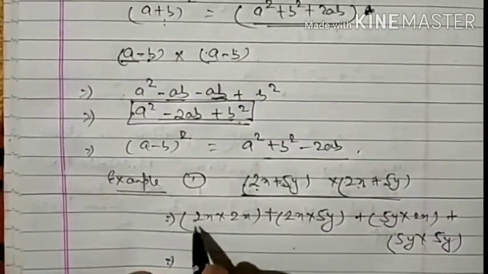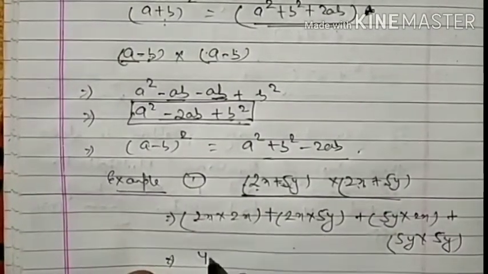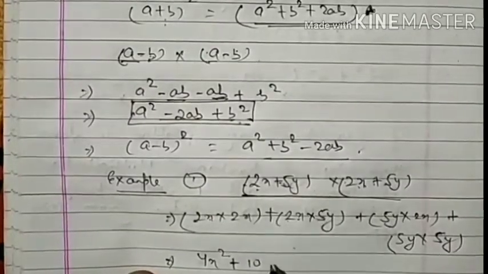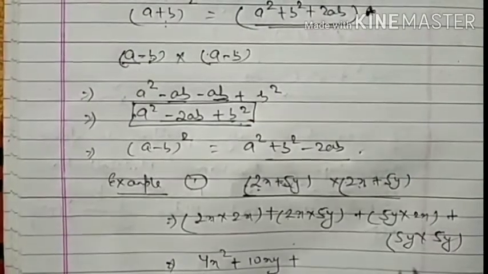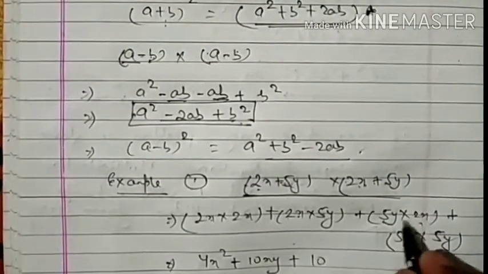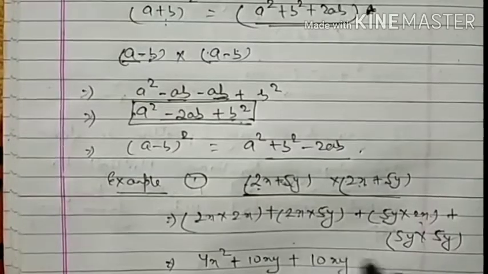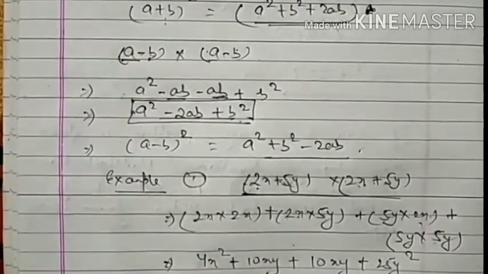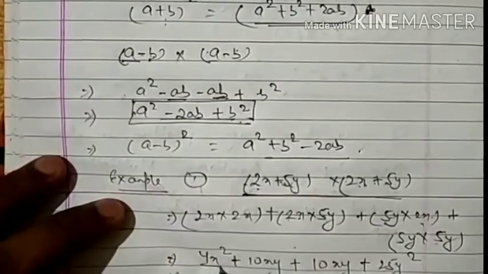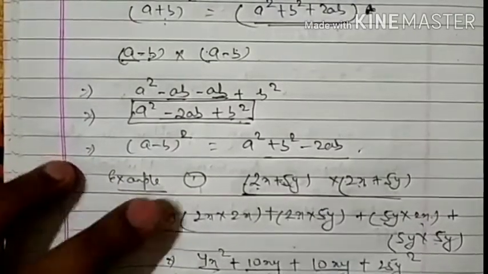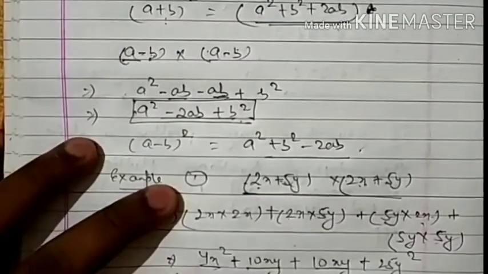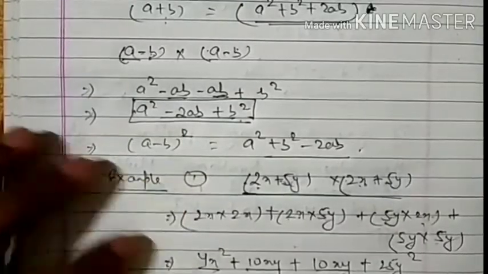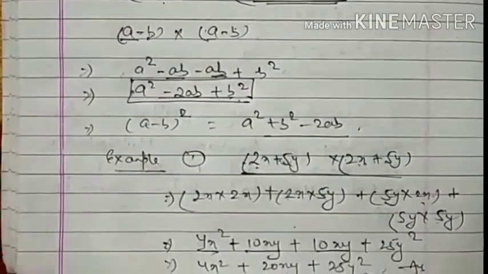What do we write? 2 twos are 4, x into x, x square, plus 5 twos are 10, x into y, xy, plus 5 twos are 10, y into x, yx, or we can write xy, plus 5 fives are 25, y into y, y square. What can we see? 4x square plus 10xy plus 10xy, that is 20xy, and plus 25y square. This is our answer.